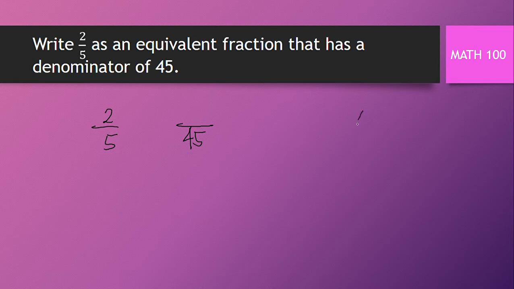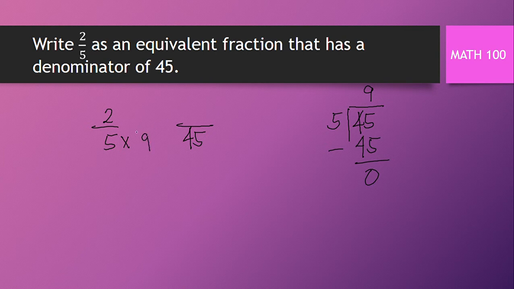So this is what we are going to do. Have your 45 inside your division symbol, and then the 5 will be outside. So 45 divided by 5 is equal to 9. 9 times 5 is 45, and this is equal to 0 once subtracted. Now, meaning 5 will be multiplied by 9.